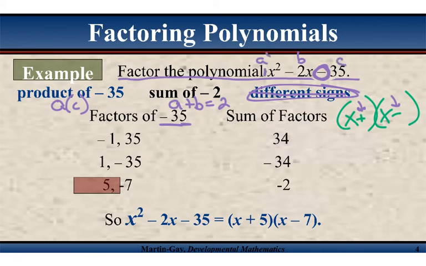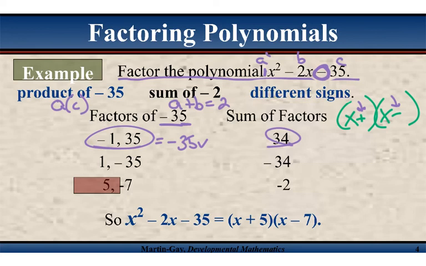And c is my 35. So negative 1 times 35 is a negative 35, so that works. If I add them, it's 34. I need it to be 2. 34 is not 2, so that can't work.